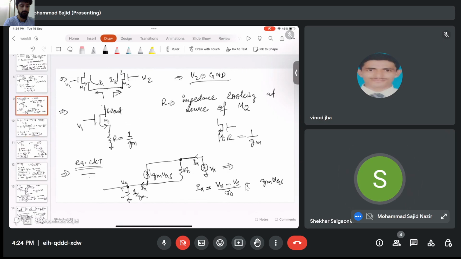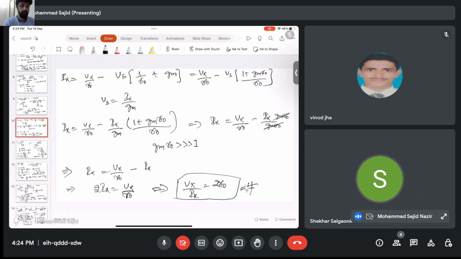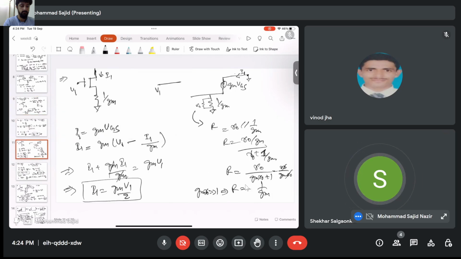So the equivalent circuit is okay for this point. This is the one we are talking about here.